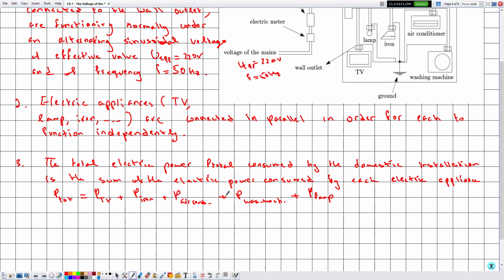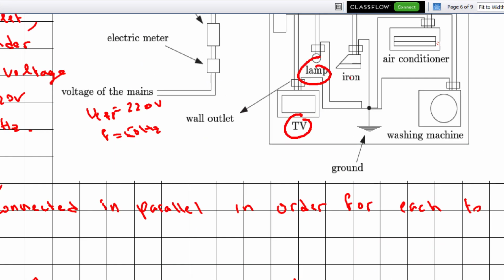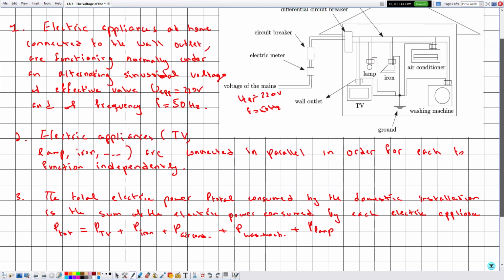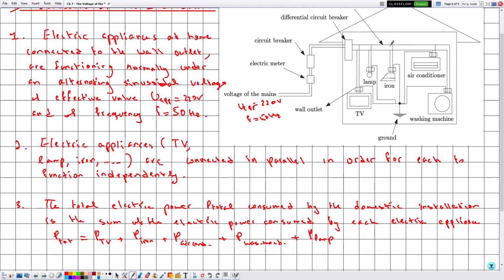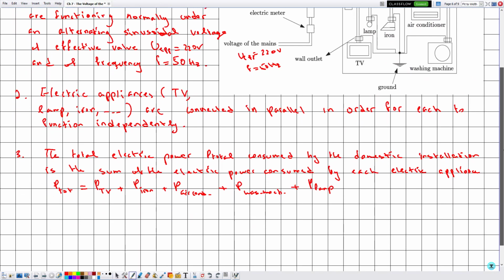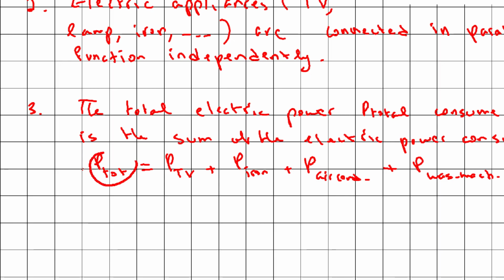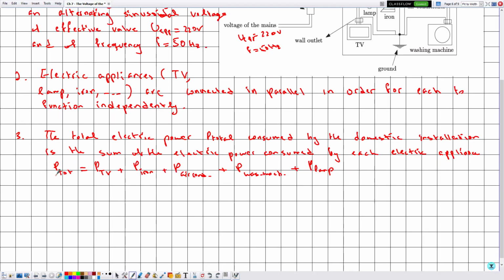The order is not important. So the total power of this domestic installation is the sum of electric power of all of these electric components. We don't discuss the electric power of the electric meter, the circuit, the differential circuit breaker. So starting after the differential circuit breaker, we start to add the power of these electric components. They are given by 5, so we have 5 terms. Now in this case we can calculate the P total. If all of these are expressed in watts, the P total will be expressed in watts.